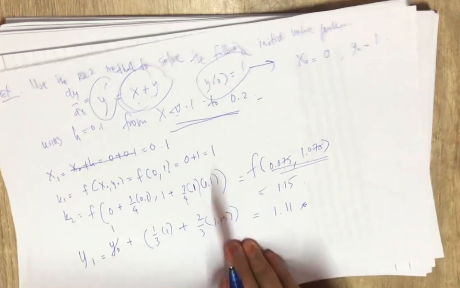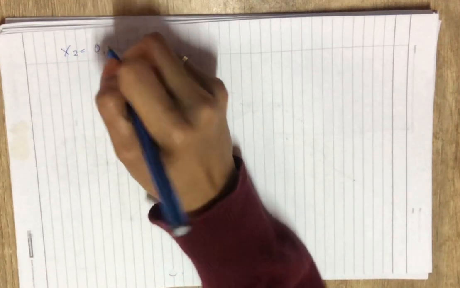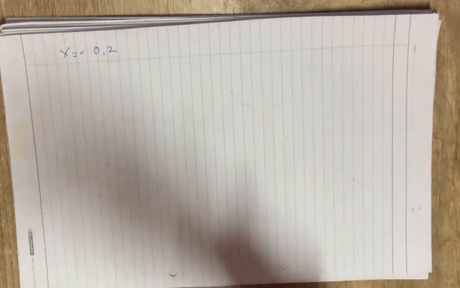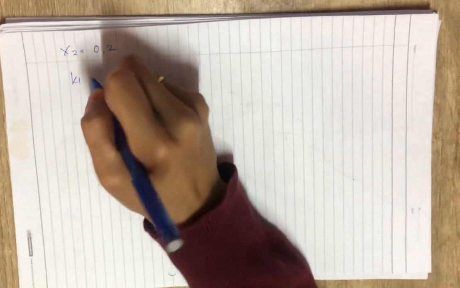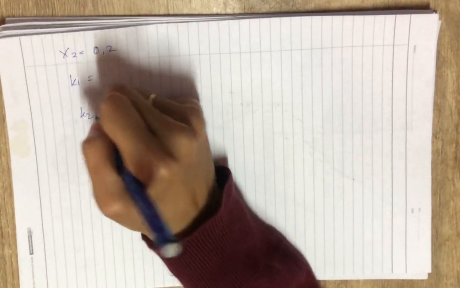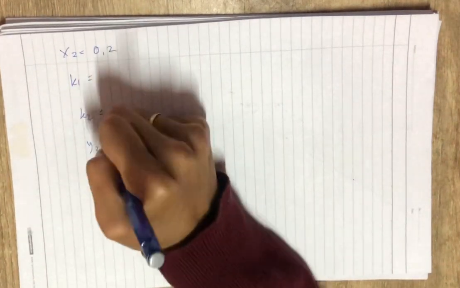Then you do another iteration, which is x2. Okay, x2 means 0.2. So you do the same thing. You find k1, then you find your k2, and then you find your y2.